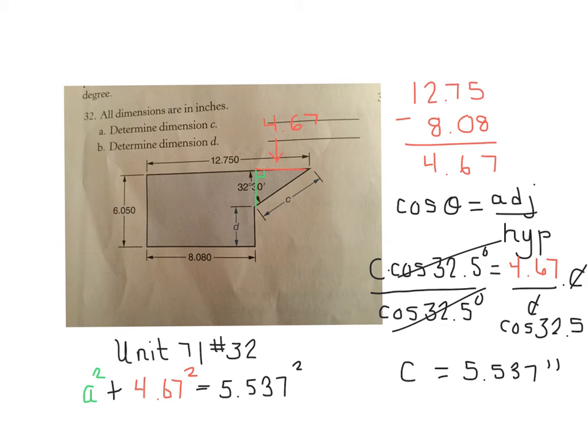So I'll have to take 5.537, square it, subtract 4.67 squared, and I get about 8.85. That's what A squared equals, so A will be equal to the square root of that, and that gives me an answer equal to 2.975.